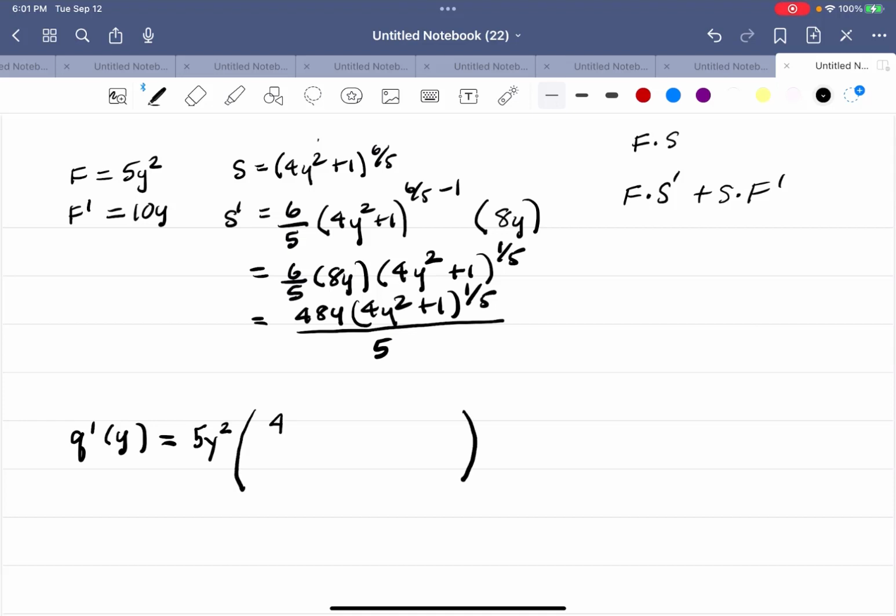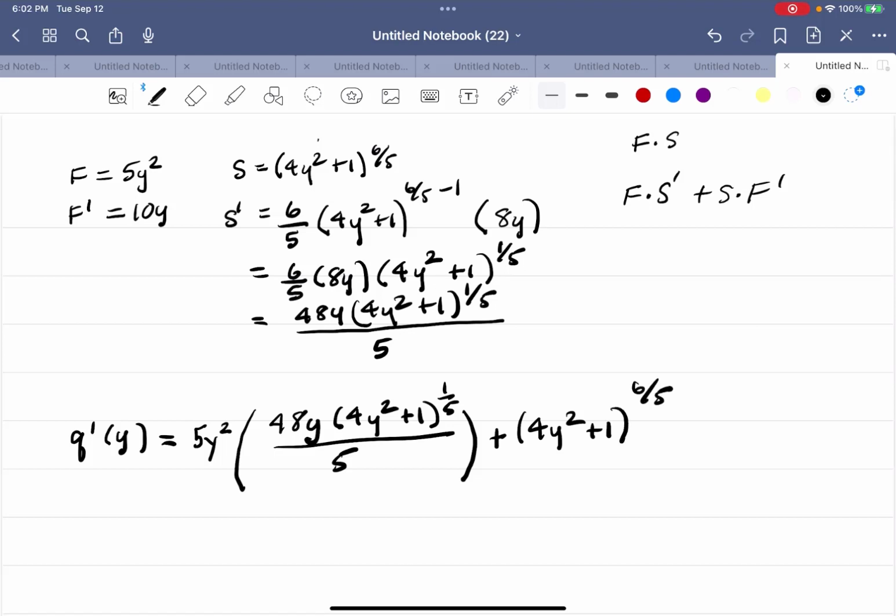So it's the 48y times 4y squared plus 1 to the 1/5 over 5. So that's the first times the derivative of the second, plus the second, 4y squared plus 1 to the 6/5, times the derivative of the first, which is 10y.